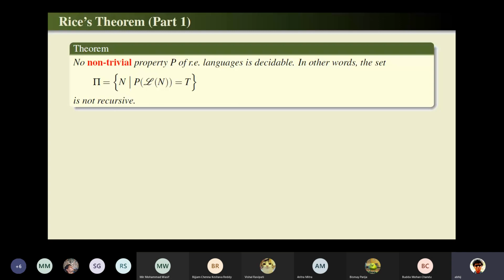So if I want to make it precise, I will essentially show that the set pi consisting of all Turing machines n such that the language of n satisfies this property, this set is not recursive.